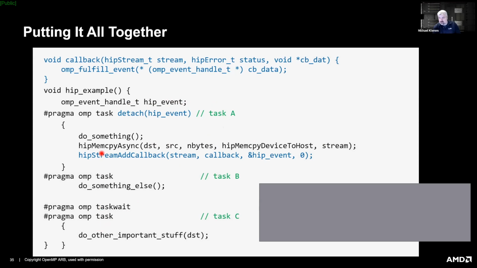Instead, right after hipMemcpyAsync, I'm adding a hipStreamAddCallback, which will be executed once the async memcopy is completed. So that's a new event in the stream, and due to the in-order nature that I'm exploiting here, I'm sure that when the callback is triggered, the memcopy operation has been completed.